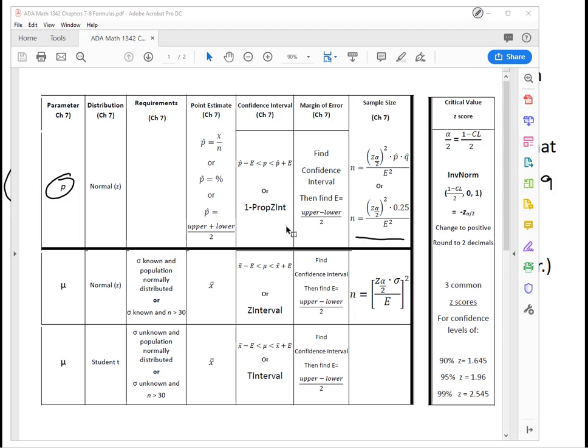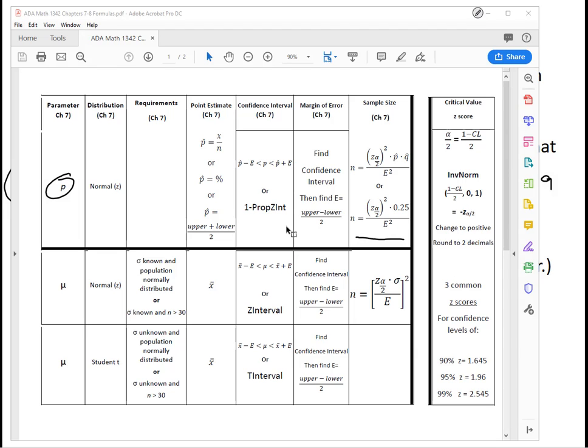Notice that for a proportion, my sample size has two formulas. One is N equals Z alpha over 2 squared times P hat times Q hat divided by E squared. Or we have N equals Z alpha over 2 squared times 0.25 divided by E squared.